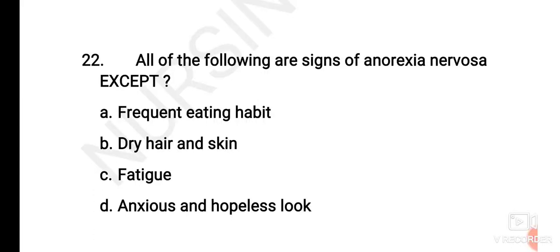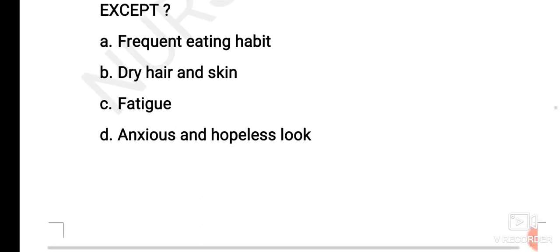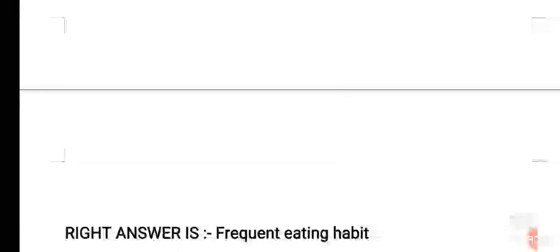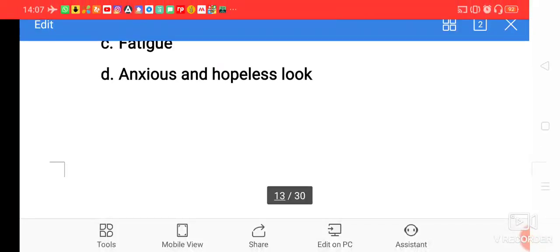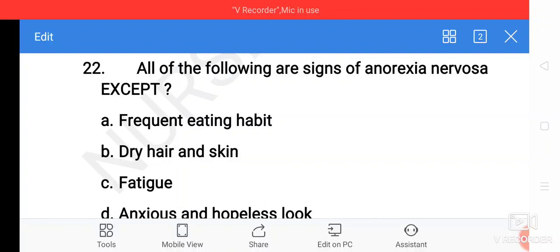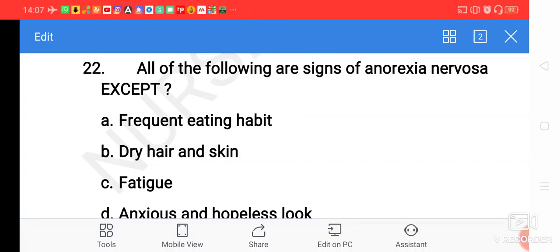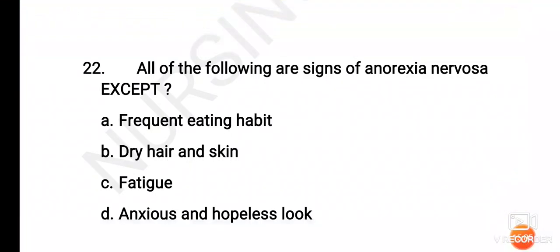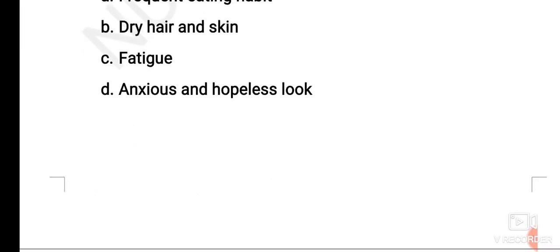So, the correct answer, the signs of anorexia nervosa except, are frequent eating habit, because in anorexia nervosa, it is a type of disorder in which person lack of appetite. So, he or she does not have frequent eating habit. Next question.